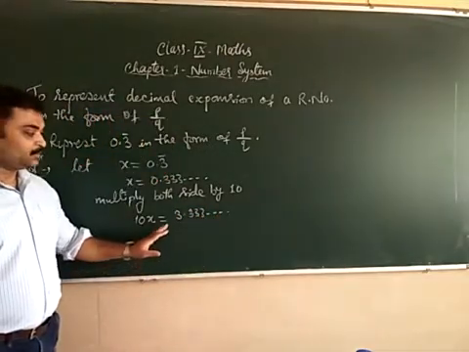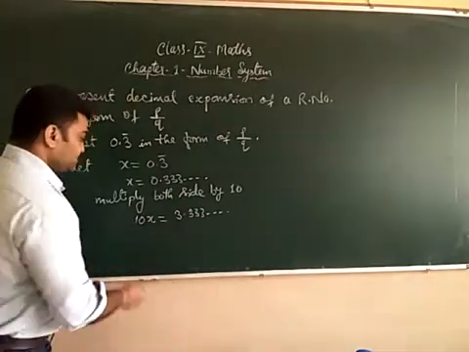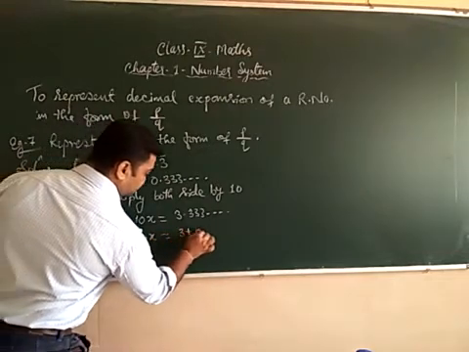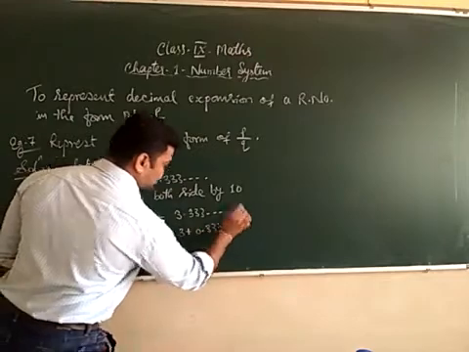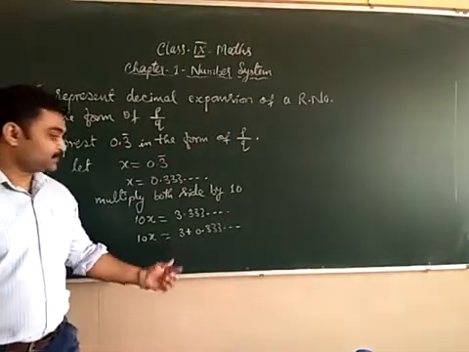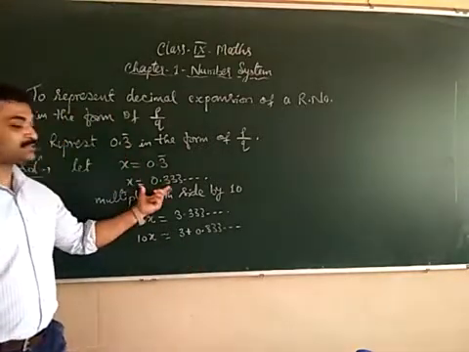Now this thing we can write as 10x is equal to 3 plus 0.333 dash dash dash. Now here you can see this part is our x.